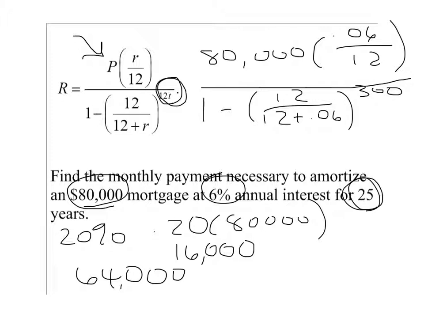Now you're going to need to be careful when you do this and do the top part of your calculator first, maybe do some rounding, and then do the bottom part of your calculator. So if I were going to do this problem, I would need to do the 0.06 divided by 12 first.